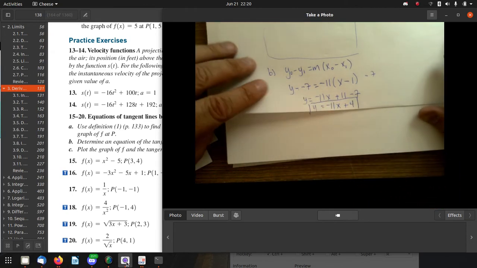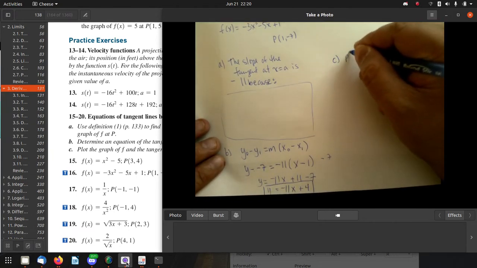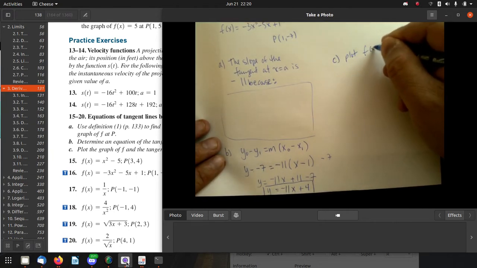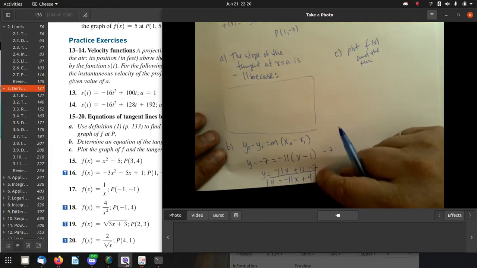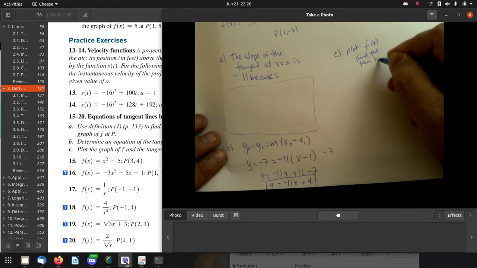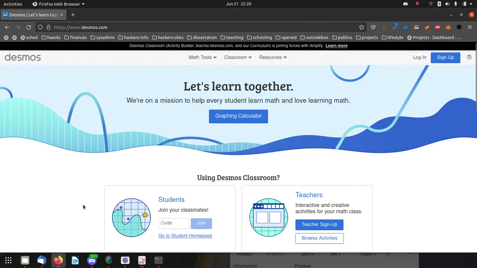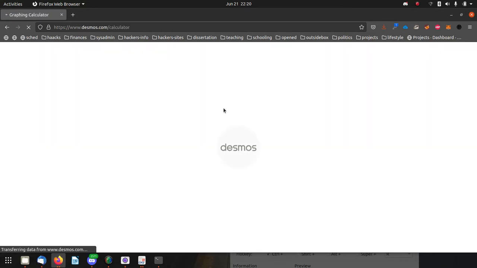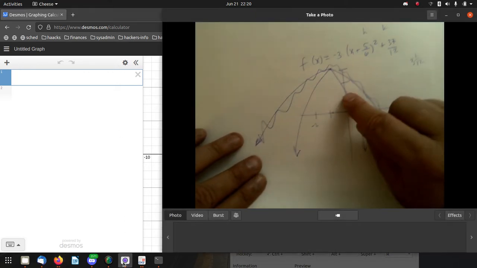And then we know what part C is, right? Part C is to plot f of x and the tangent line, which we just got here, together. And for that, what we're going to do is leverage technology. So let's do that now. And again, I'll remind you, we're only leveraging technology here for the final answer because I already showed you how to not be reliant on it.